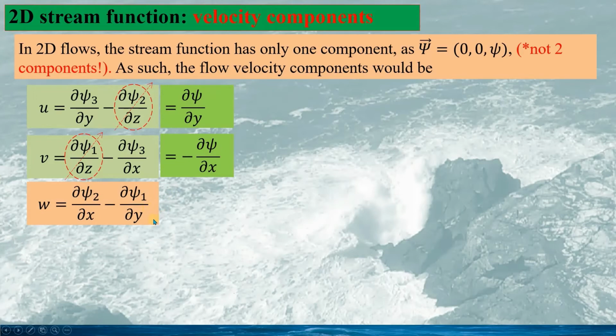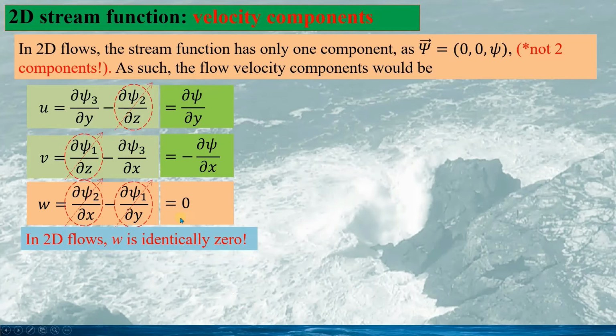And for your reference, the velocity component w would be calculated as this. Obviously, these two terms would be 0 since psi1 and psi2 are 0. So the velocity component along the z-axis in 2D flows is identically 0.